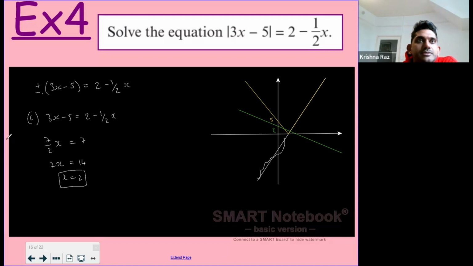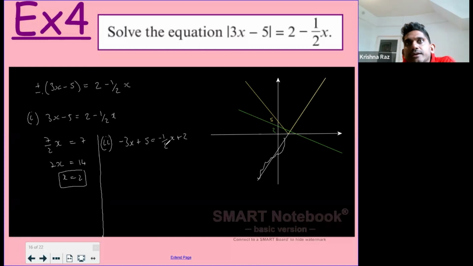Now, if we do the negative solution, we have minus 3x plus 5 equals minus a half x plus 2. Yep, so we have 2.5x equals 3.